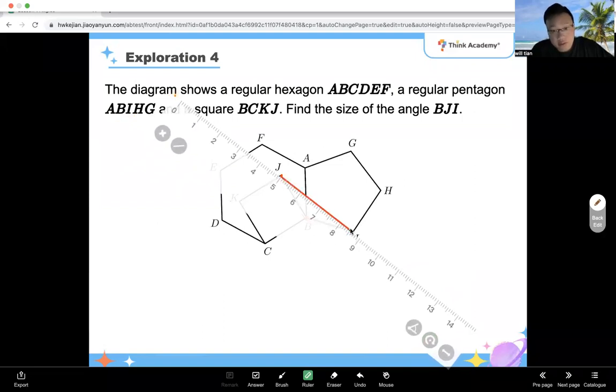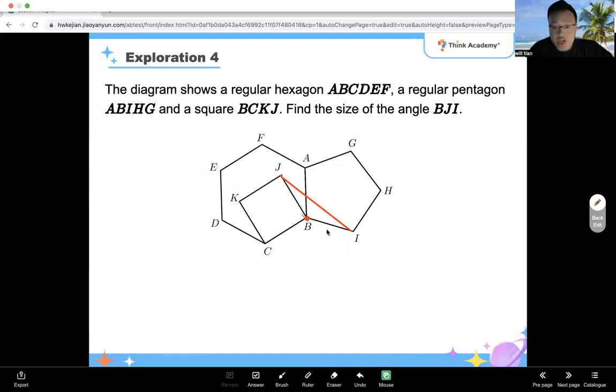Okay, here we go. If you connect J and I, you find this angle BJI is in triangle BJI. So guys, think about it, because we have 3 regular polygons, right? Is triangle BJI a special triangle? When I say special, I mean, is it isosceles or equilateral or some such triangle?